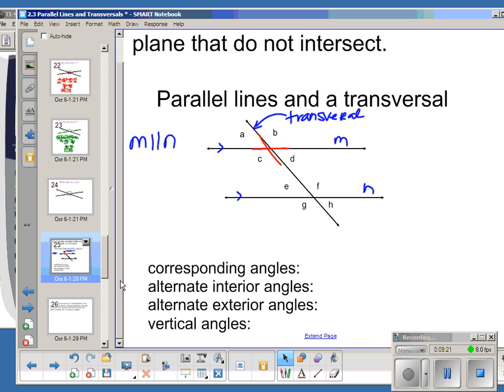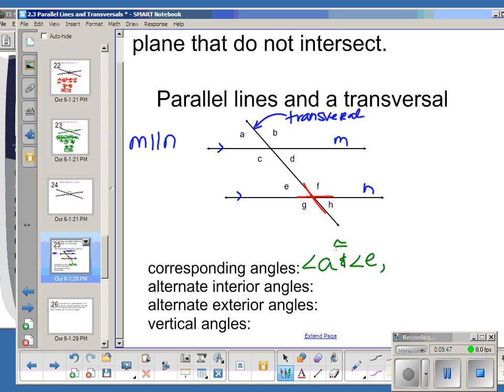I'm going to drag these red lines that I drew down here down to here. Which angles correspond? If I were to drag all four of these angles down, which ones would fall on top of each other? A and E are in the same spot. So angle A and angle E are corresponding.